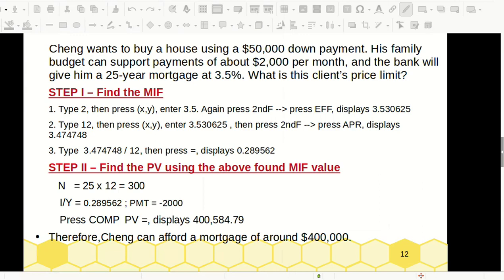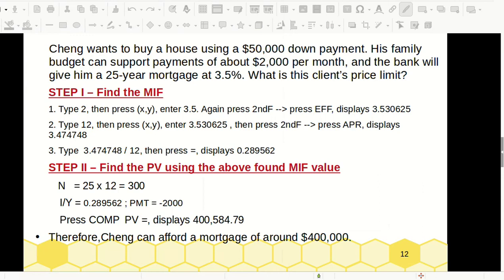So this is how you find the MIF. Type 2, then press the XY button, enter 3.5, again press the second F button and then the EFF button. So you would get a value of 3.5306.